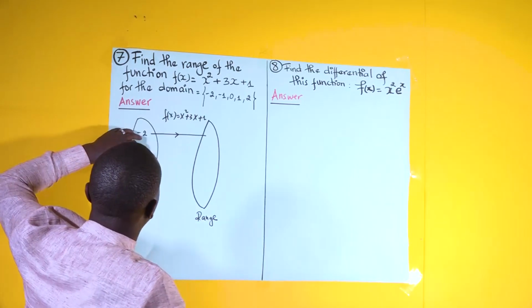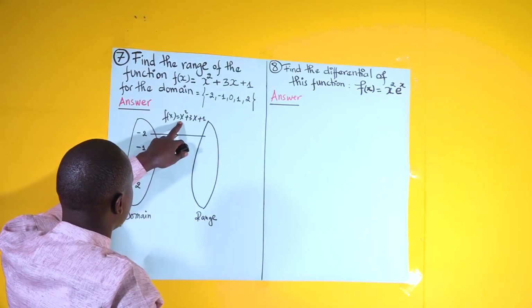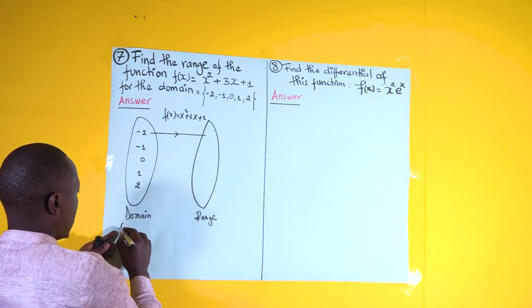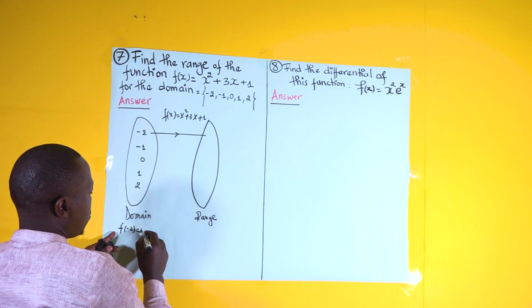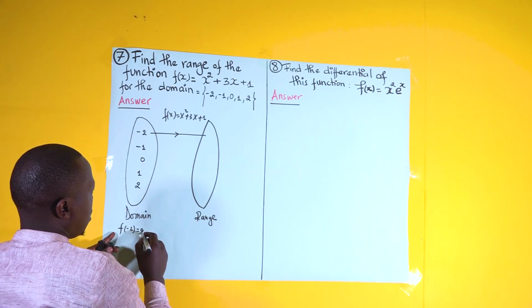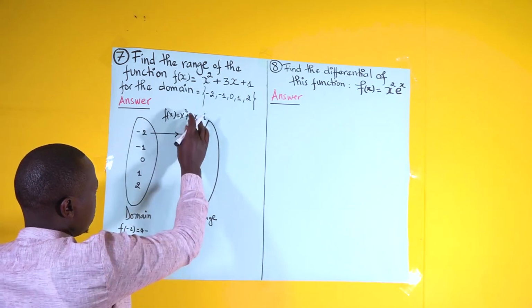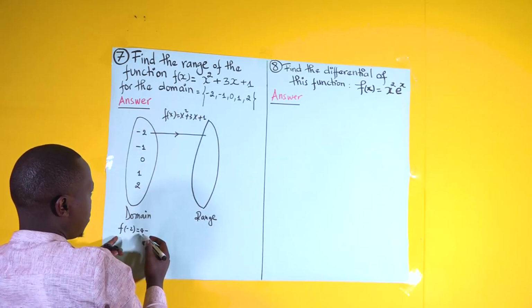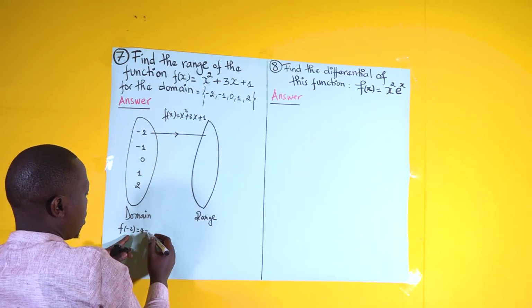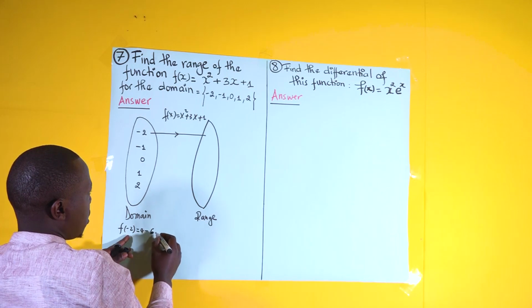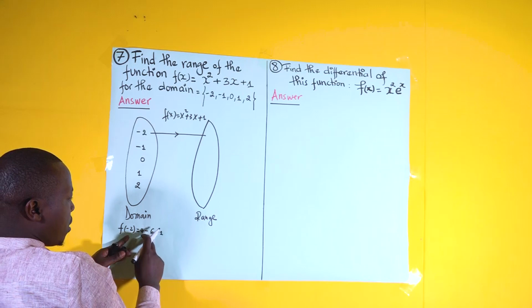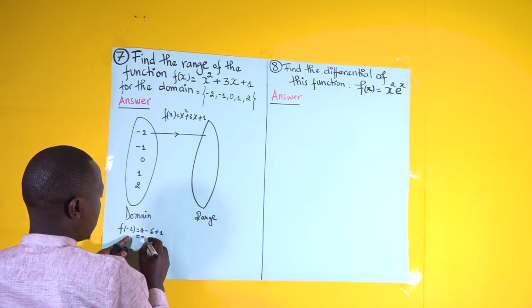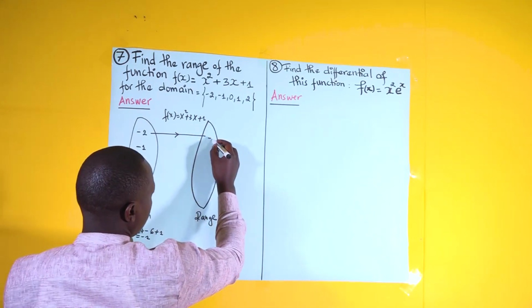So when you substitute negative 2 here, this is f of negative 2. It is negative 2 squared, which is 4. In terms of x, we put negative 2: 3 times negative 2 is negative 6, and then plus 1. 4 plus 1 is 5, minus 6, the answer here is negative 1.